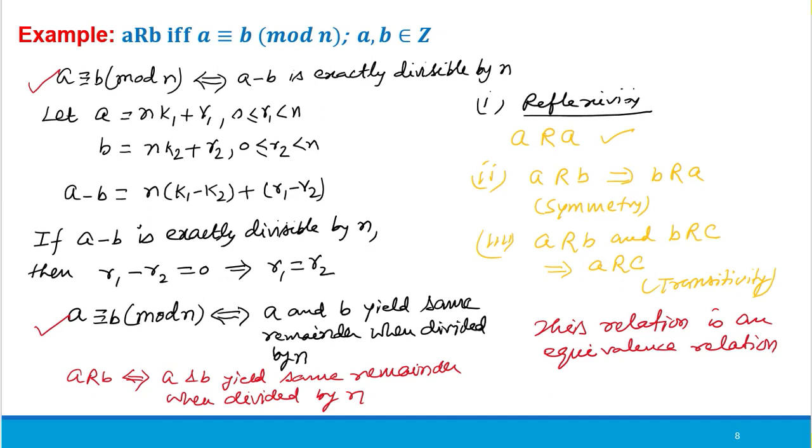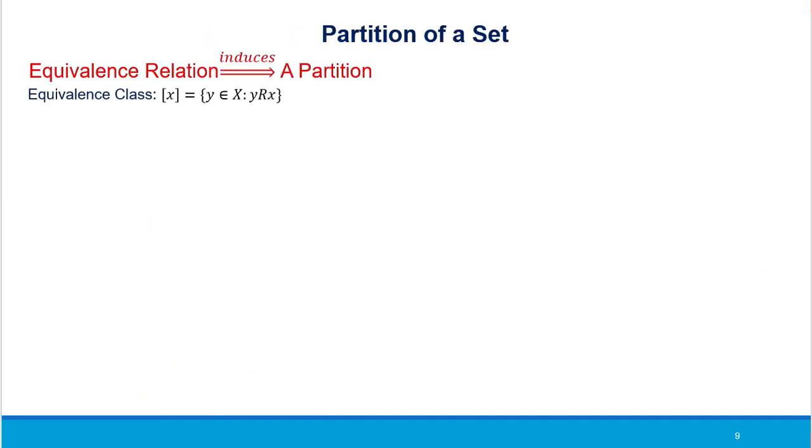Now, using this relation, we are going to create a partition of the set of integers, and again we are going to make it simpler. Now we see how this equivalence relation creates a partition, and for this we write A is congruent to B mod 2. I am saying that A R B if and only if A is congruent to B mod 2.